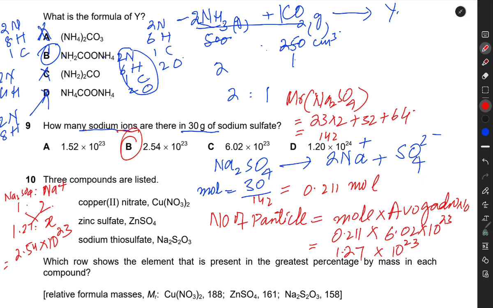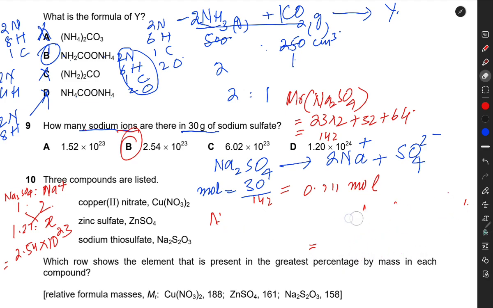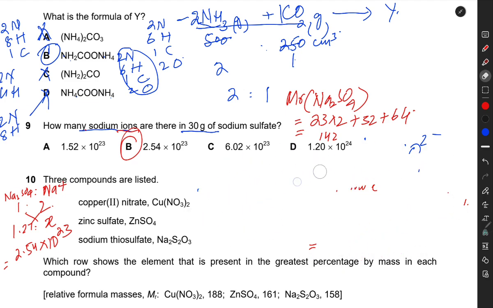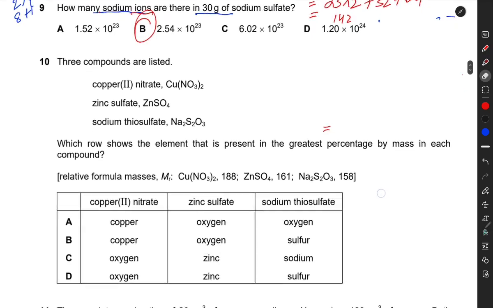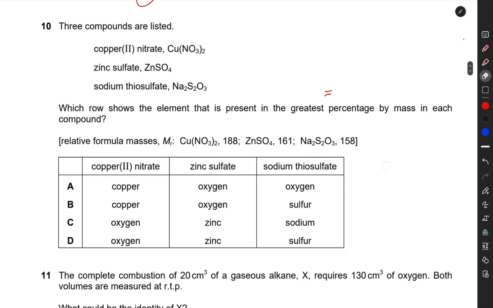Okay, I will erase this. Now let's solve the next question. Question number 10. The compounds are listed: copper 2 nitrate, zinc sulfate, sodium thiosulfate.